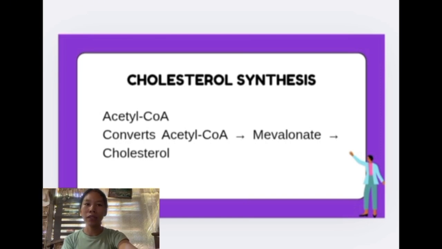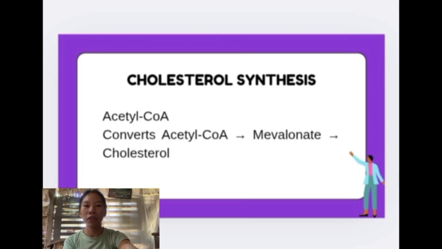So cholesterol synthesis starts with acetyl-CoA and converts acetyl-CoA into mevalonate and then cholesterol. HMG-CoA reductase is the rate-limiting step and a major target for statin drugs, or cholesterol-lowering medication.